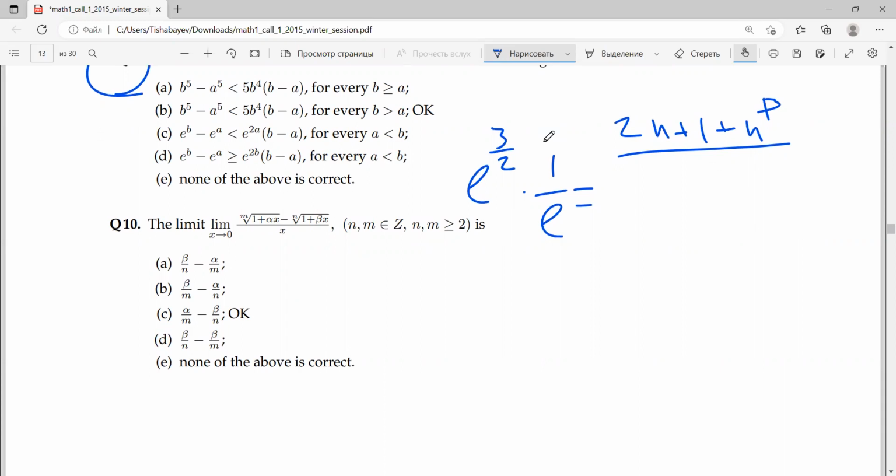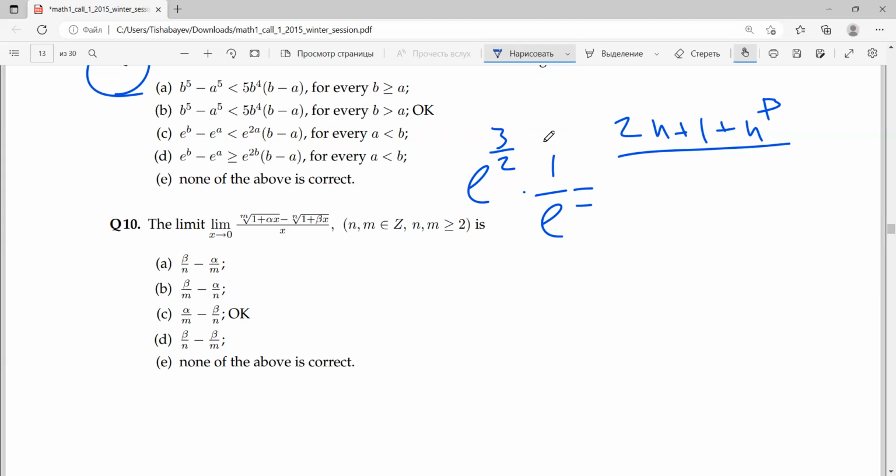Of course, we can use L'Hopital's rule here. It will be very easy. We can also multiply by the conjugate and do other work, but I think the easiest way here is L'Hopital's rule.